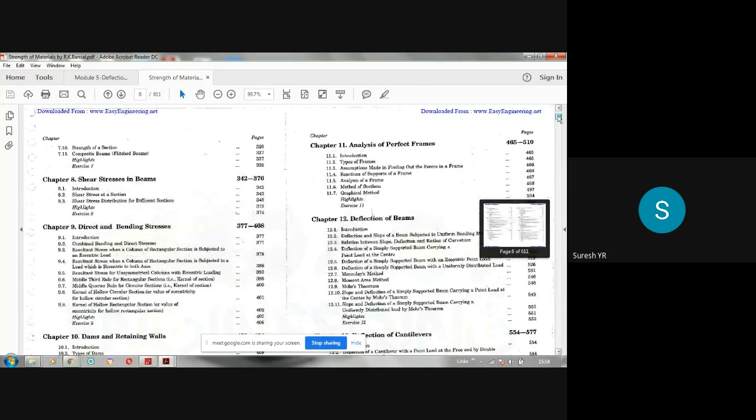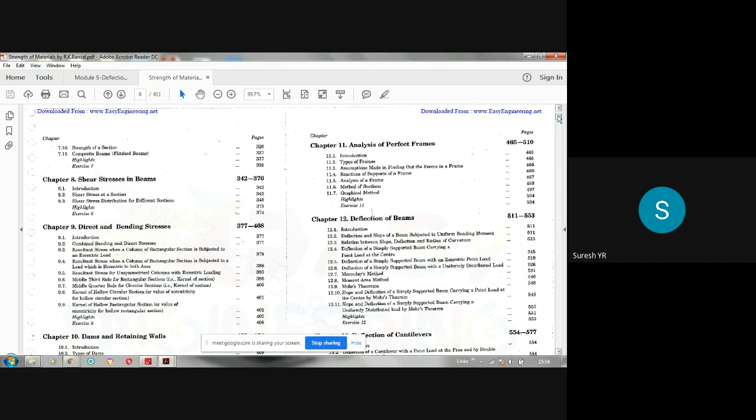Okay. Then take two concentrated loads. One load acting at 2 meters distance from the left support. You take that one load as 10 kilonewton. Another load you take at a distance 3 meters.